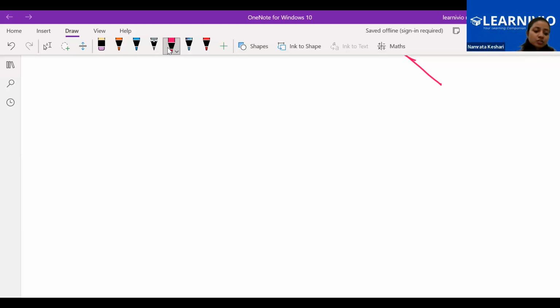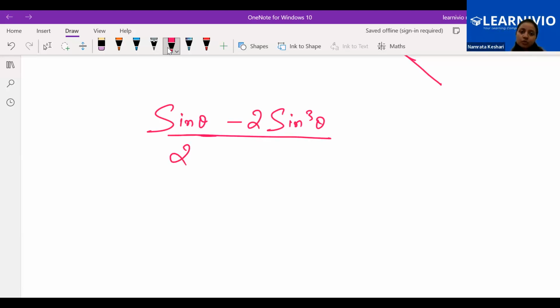Now the next question which we can discuss over here is: sine theta minus 2 sine cube theta over 2 cos cube theta minus cos theta, that we have to prove is equal to tan theta. Now think about it. Let me know what can be the possible approach for this one.